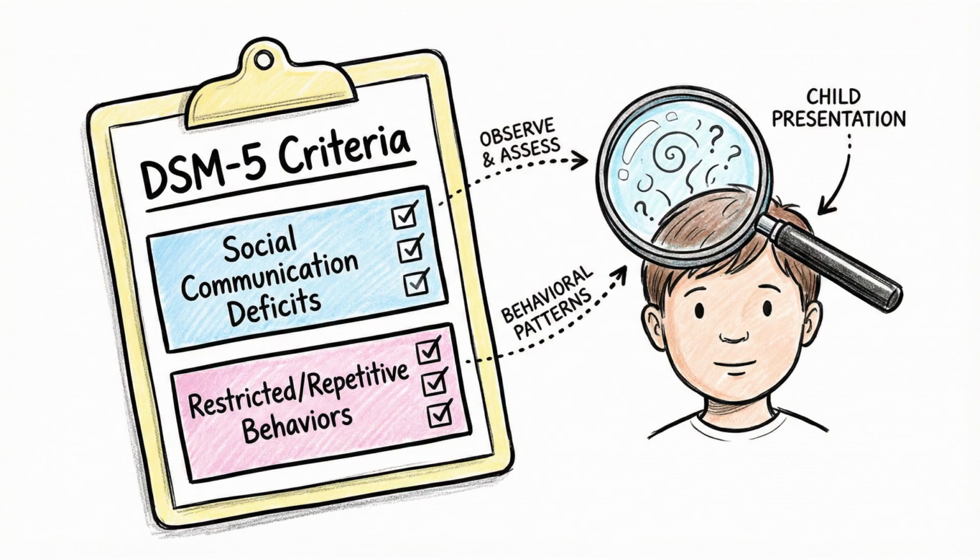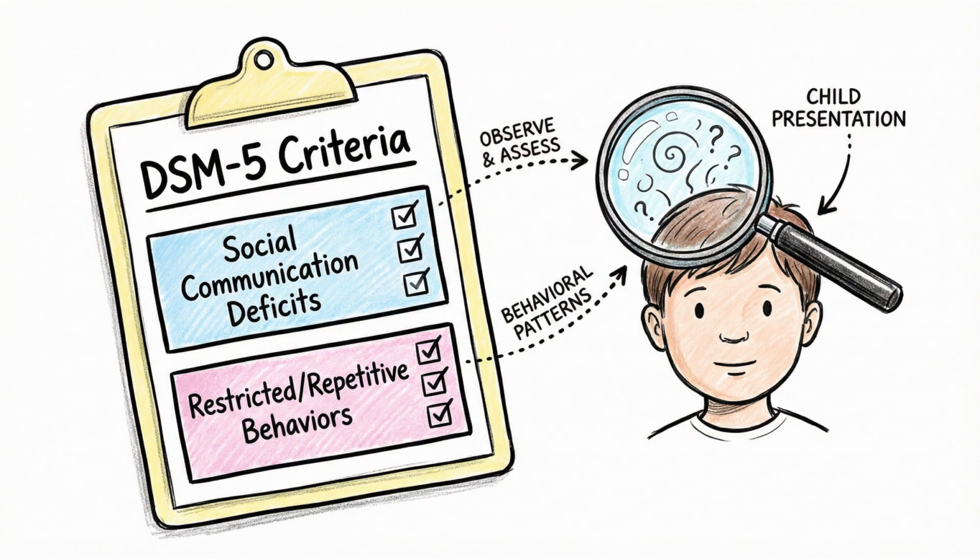The DSM-5 requires deficits in both domains for diagnosis. Domain A covers social communication. Deficits in social-emotional reciprocity, nonverbal communication, and developing or maintaining relationships. Domain B covers restricted repetitive behaviors, and you need at least 2 of the 4.